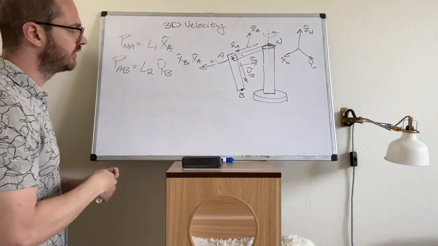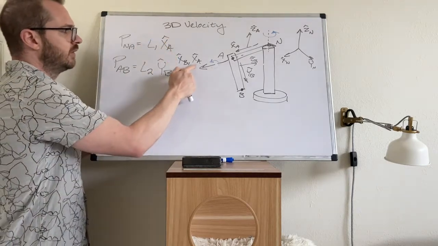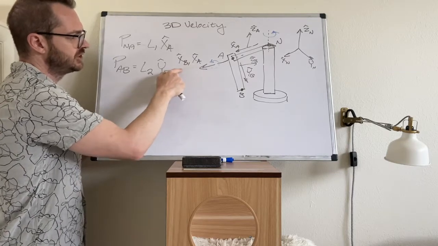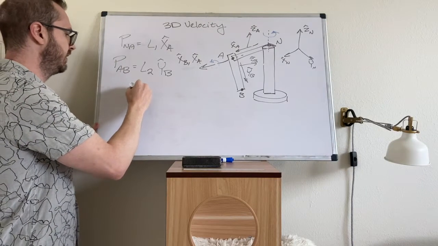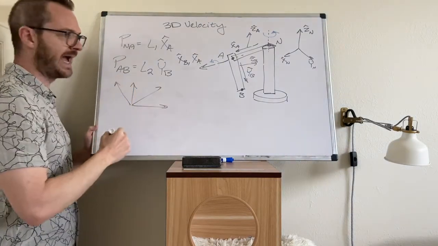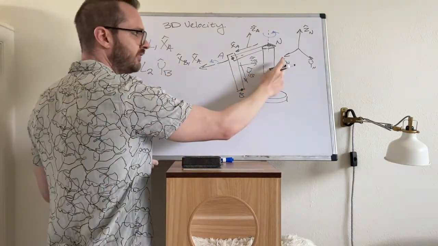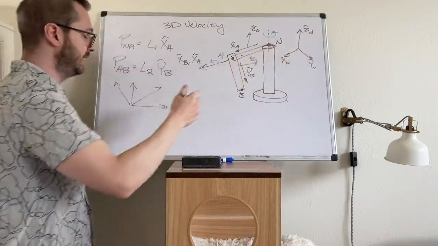So which kind of simple rotation are we going to do? We're going to use a relative angle going from the A frame to the B frame, and we're going to rotate around this shared x axis. I did this in another video where I talked about how to rotate about different axes. If you're rotating around a shared x, then the plane that is rotating is the YZ plane.